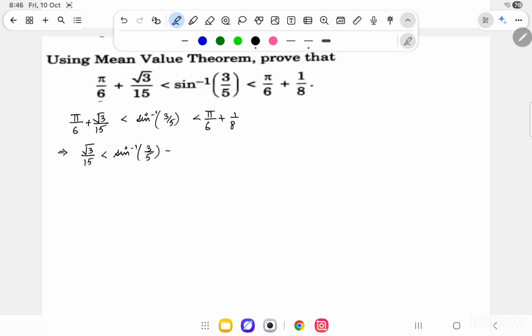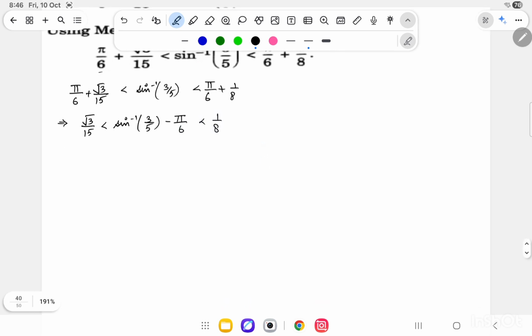Basically I subtracted pi by 6 throughout, so it will be sine inverse 3 by 5 minus pi by 6 less than 1 by 8. Now this can be simplified as root 3 divided by 15, I can write as 5 times 3, less than or equal to sine inverse 3 by 5, and pi by 6 is basically sine inverse 1 by 2, which is less than 1 by 8.